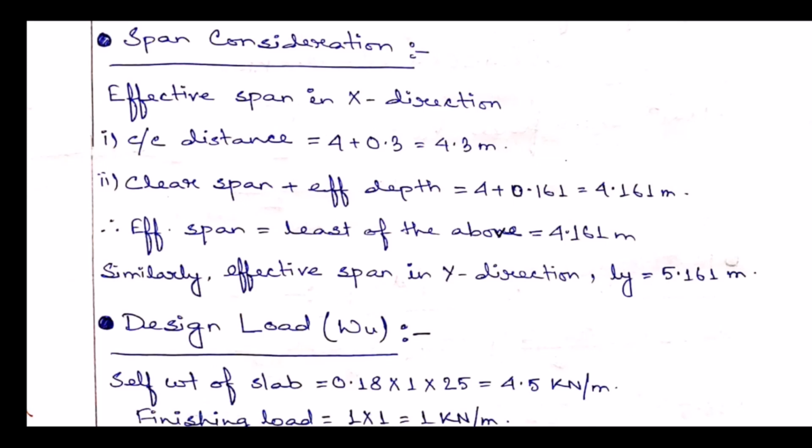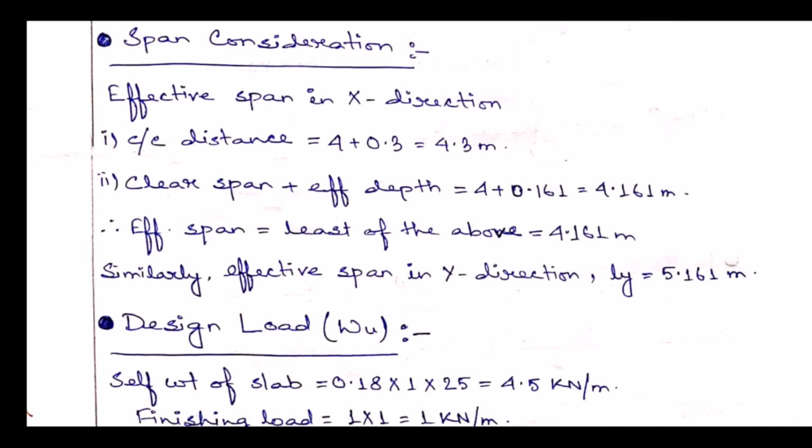So as per the clause, the effective span in the x direction is either the center to center distance, that is the clear span of the shorter span, 4 meter, plus 0.3. This 0.3 meter, that means 300 mm, is the width of the wall, that means the width of support, which is given in the question. So that is equal to 4.3 meter, or clear span plus effective depth.